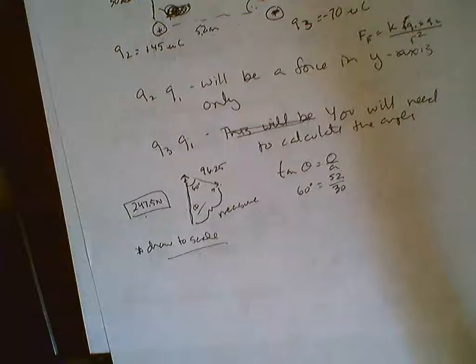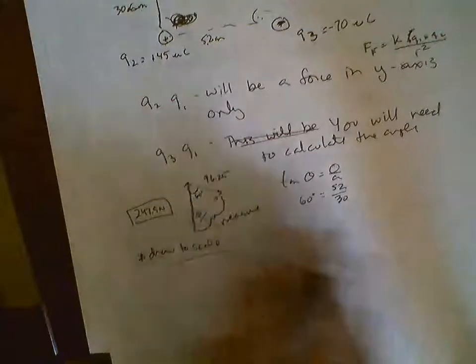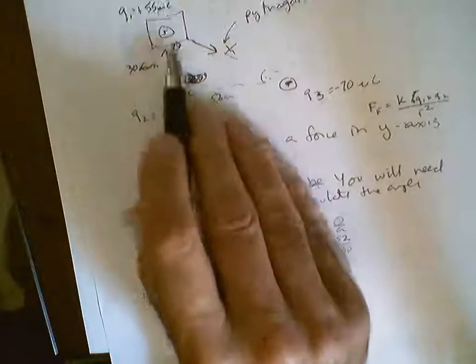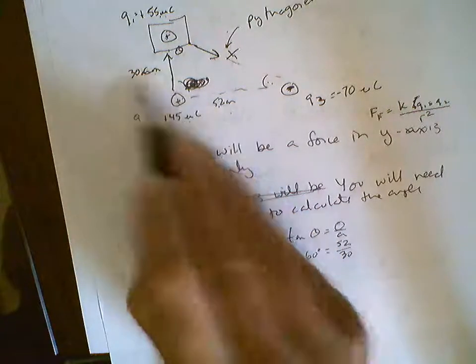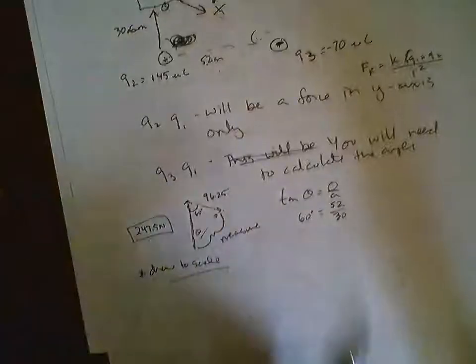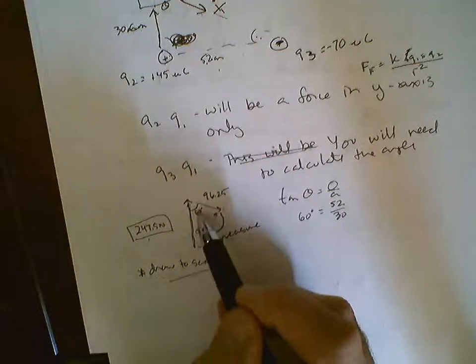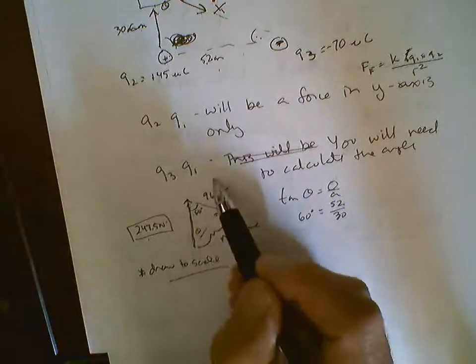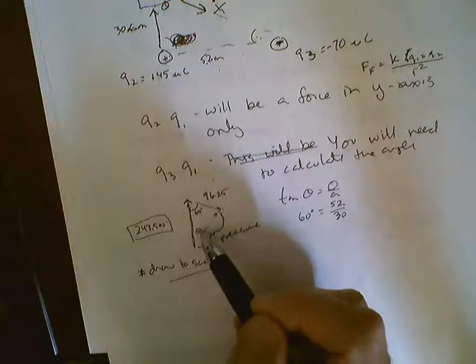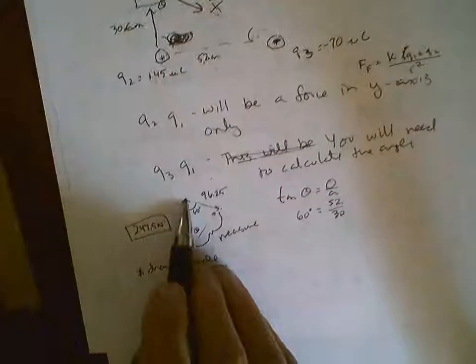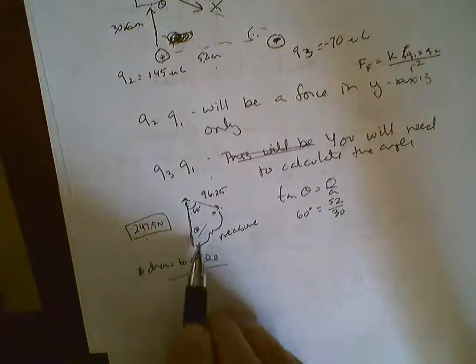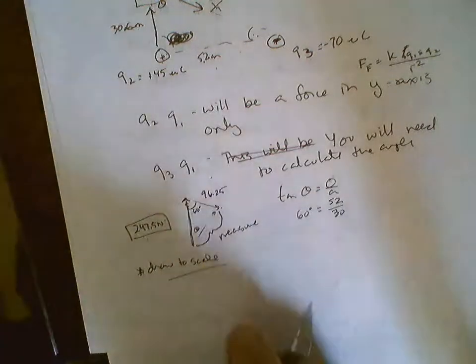What you have to do is find this angle here from this original diagram. So tan theta equals opposite over adjacent, and you get a tan of 60. Now that you know this distance and this angle, you can get this angle right here, because not only do you need to know the force, you need to know the angle.